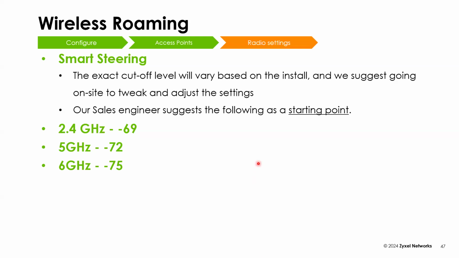Our sales engineer suggests the following settings: 2.4 gigahertz, -69; 5 gigahertz clients, -72; 6 gigahertz clients, -75. That's where he suggests you start rather than the -70 that's there by default.